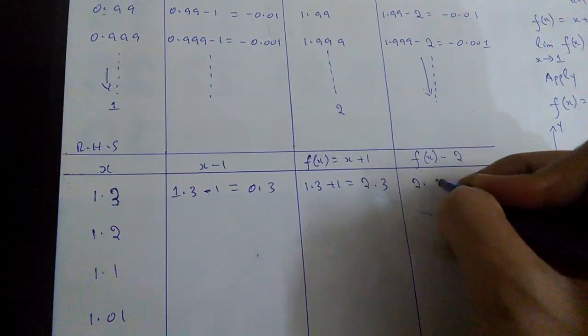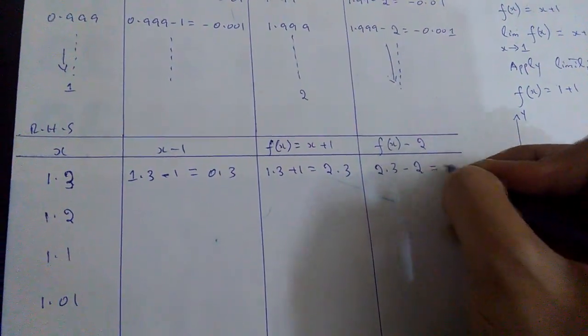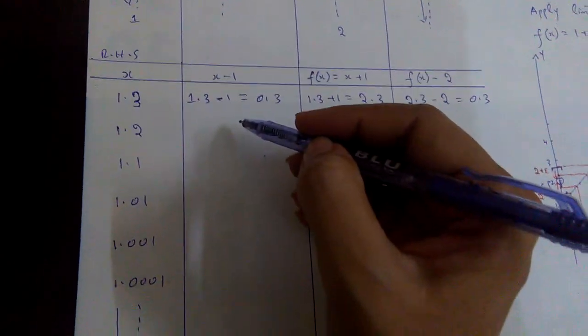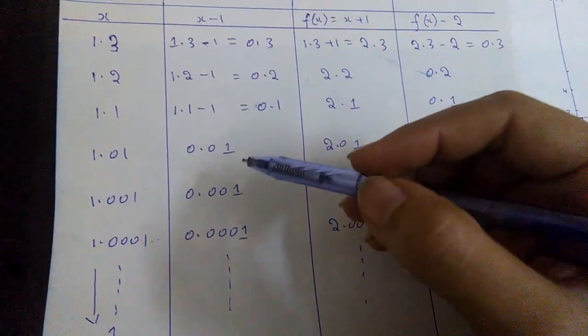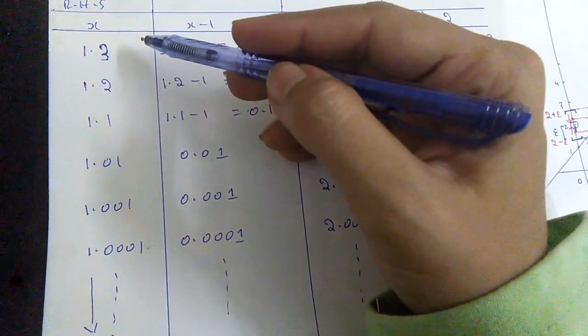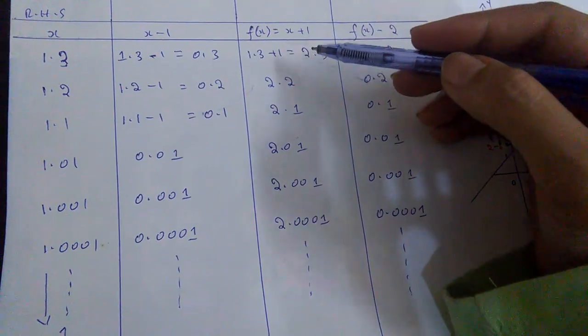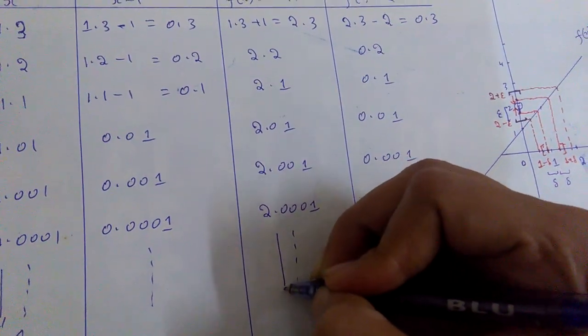Then you just find the difference of 2.3 from your limit, which is giving you 0.3. Now you perform the same process for the rest of the values. You see, once your x values are moving towards 1 from the right side, your y values, or f of x values, are converging towards 2 from the upwards direction.